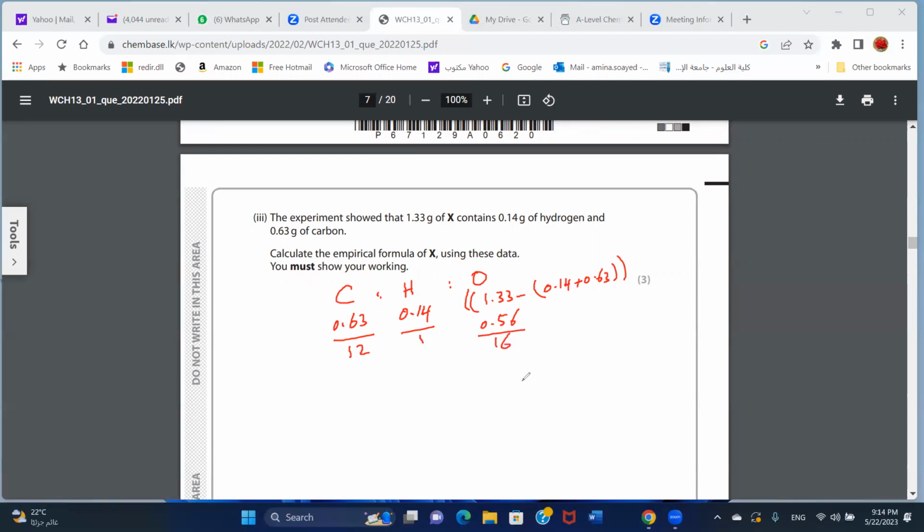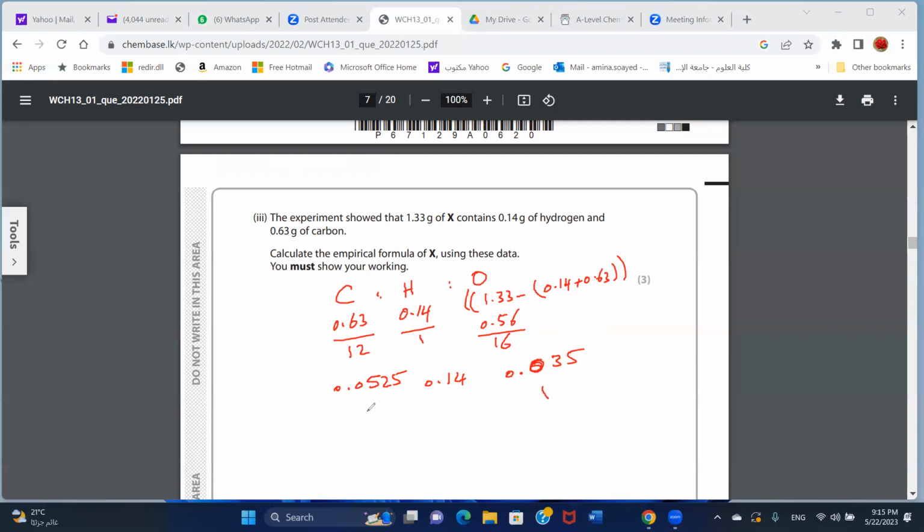Yes. Then you calculate the moles for each. So for carbon, it's 0.0525. Okay. For hydrogen, it's just 0.14. And then for oxygen, it's 0.56 over 16, which is 0.035. And then you divide by the smallest value, which is the oxygen, to find the ratio.